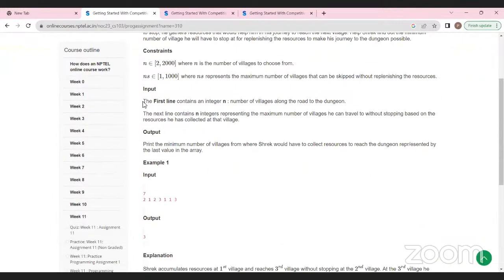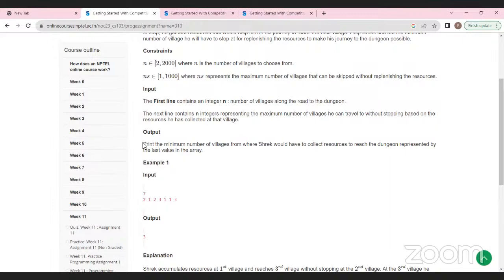The input format is: the first line contains the number of villages along the road leading to the dungeon. The next line contains n space separated integers, giving the maximum number of resources that can be accumulated at that village, representing the maximum number of villages he can travel to without stopping based on the resources he has collected at the village.